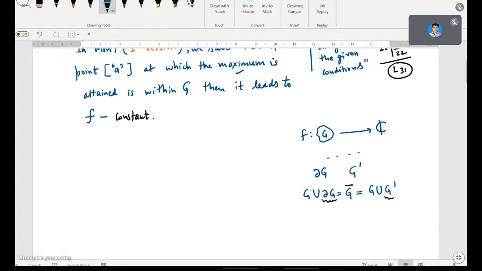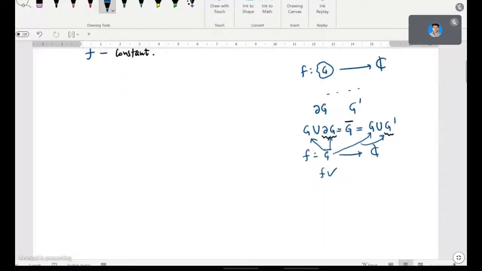So maybe we may have a way such that we define F on G closure, and we say that now there are two parts of G closure. One is this, one is this, and then we can say that F is satisfying all those conditions which were there in first version on G, and F satisfies some condition on the remaining part. Let us say G dash.